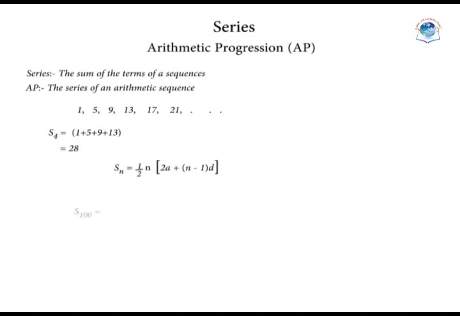And so S100 is equal to a half times 100 into 2 times 1 plus 100 minus 1 times 4. So we get 50 into 2 plus 99 times 4. We get 50 times 398. And that gives us 19,900.